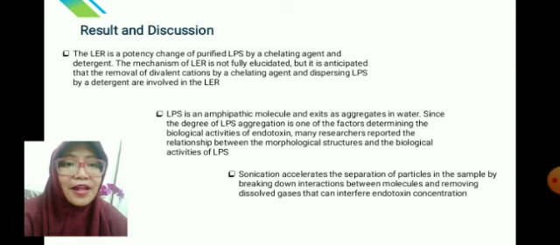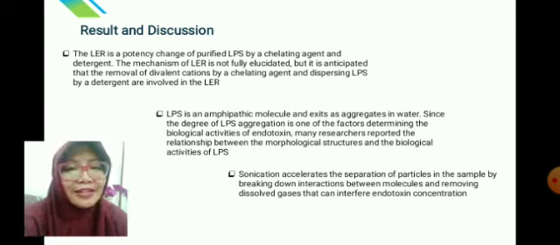Since the degree of LPS aggregation is one of the factors determining the biological activities of endotoxin, many researchers have reported the relationship between the morphological structures and the biological activities of LPS. Sonication accelerates the separation of particles in the sample by breaking down interactions between molecules and removing the soluble gases that can interfere in endotoxin concentration.